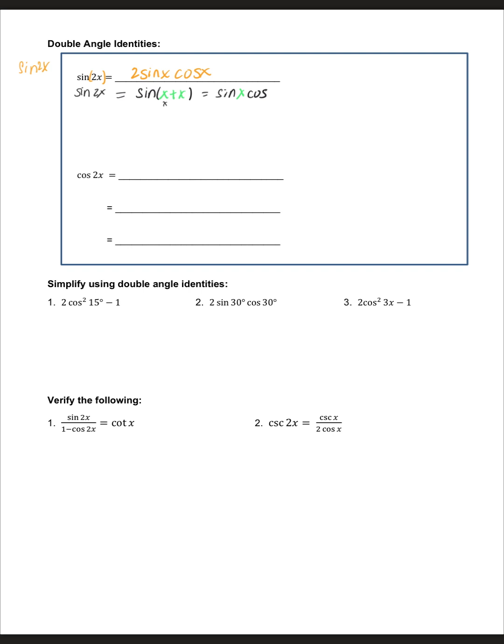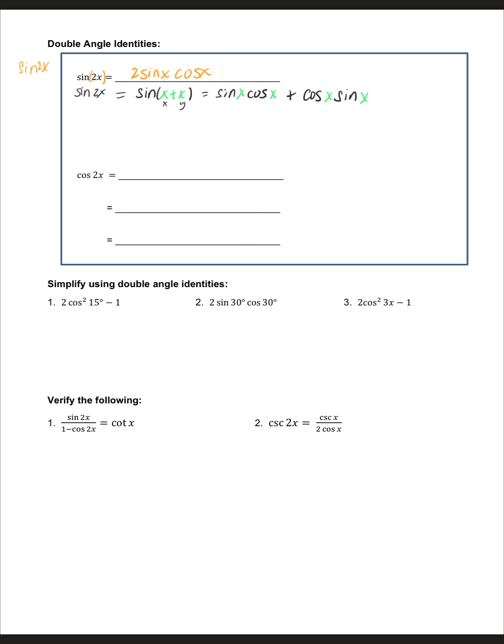This is your x and this is your y. So now it's cosine of x, so it stays the same value. Plus, because that's a plus, cosine x, which is x, times sine of y. And y for us is x. Okay, so now I just rewrote that.